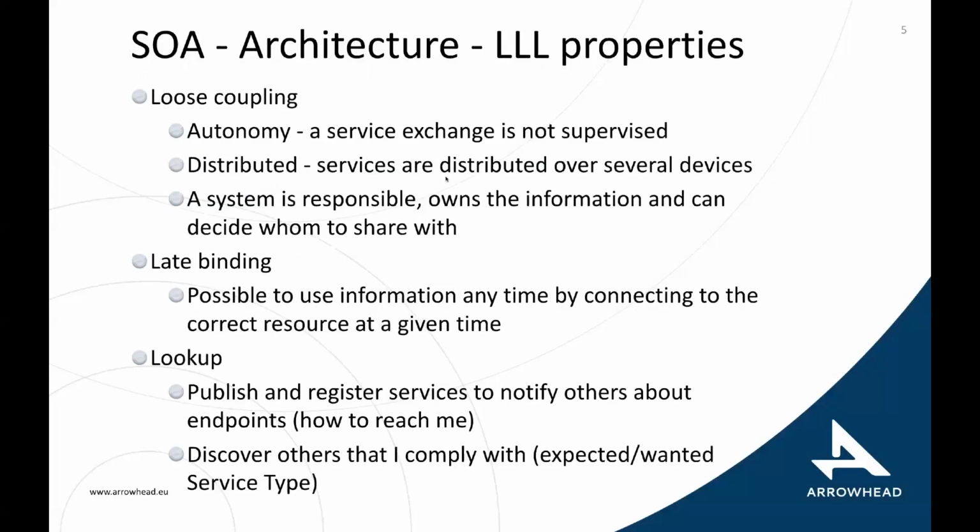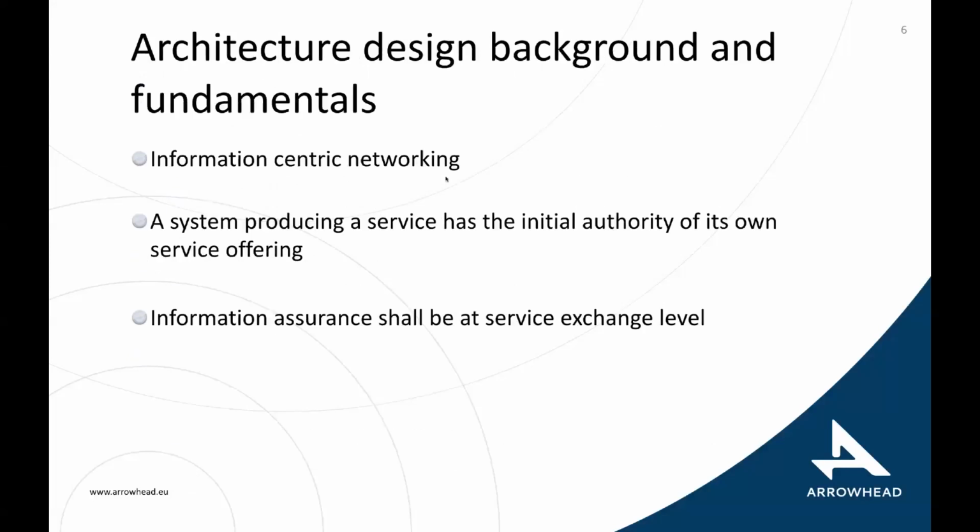And again, this loosely coupled late binding and lookup is what we really want to do. We have, from a computer science perspective, what we call information-centric networking thinking. This is what people at IETF are discussing and trying to define in various RFCs.